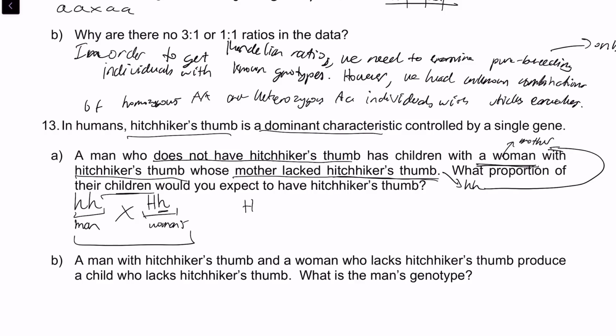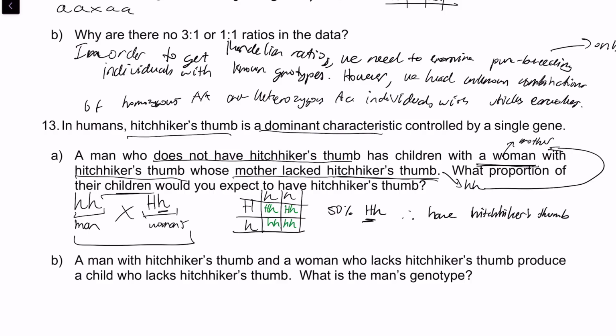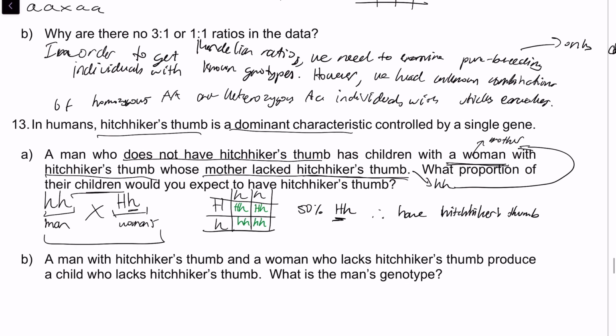So if we do a Punnett square to find our possible outcomes, we know that 50% are going to have the dominant allele, which is the capital H, and therefore have the hitchhiker's thumb. Okay, because that dominant capital H allele is going to express in the phenotype, right?